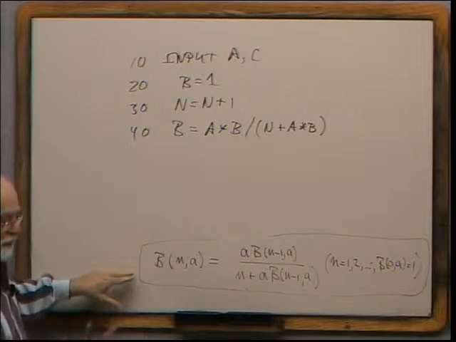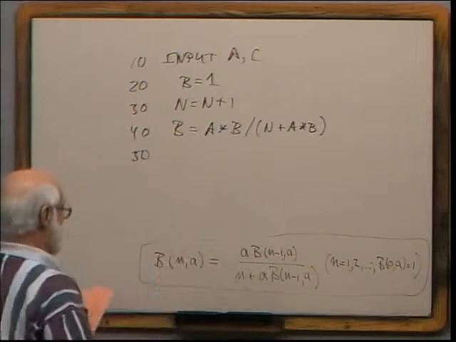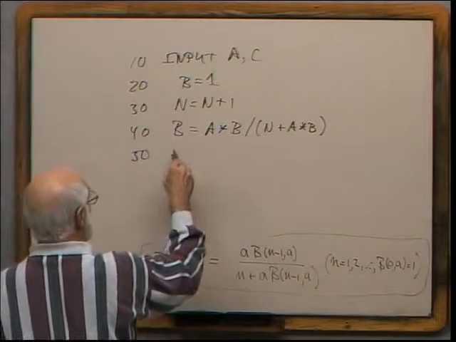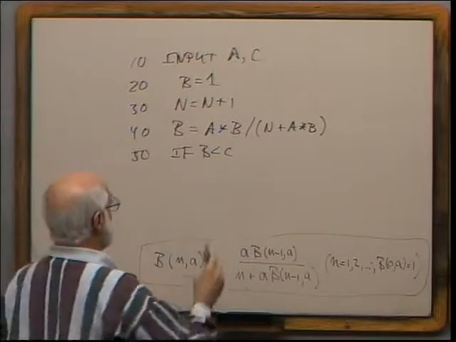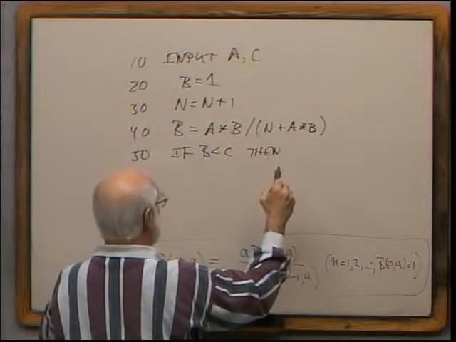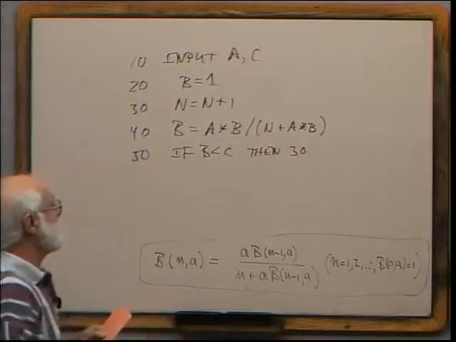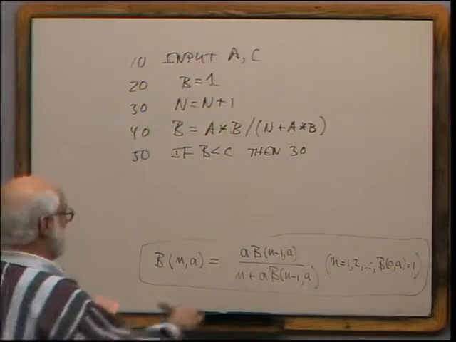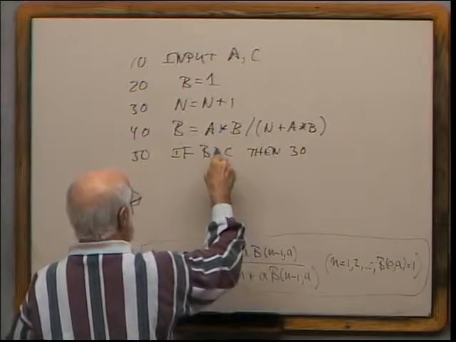And then statement number 50, having calculated the Erlang B, I compare it with the criterion. If the Erlang B is greater than the criterion, that means I have to add servers, so I increment the number of servers by 1 and do it again. I go back up to 30.